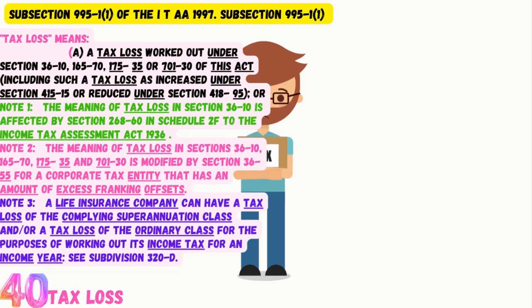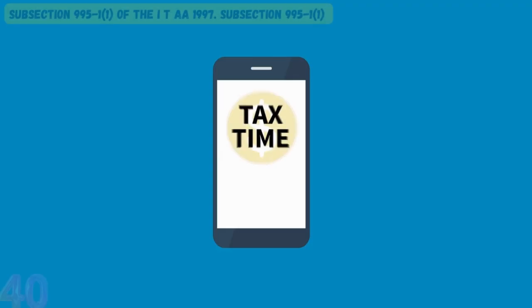A life insurance company can have a tax loss of the complying superannuation class and/or a tax loss of the ordinary class for the purposes of working out its income tax for an income year. See subdivision 320-D.